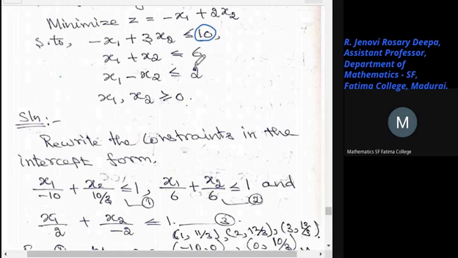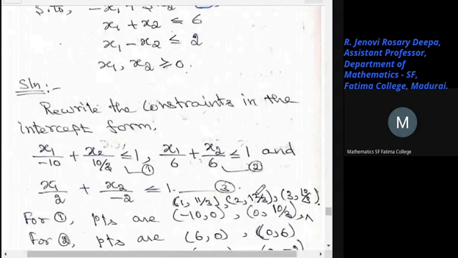Similarly, in the second one, this 6 you can bring to the left hand side. So you have x1 divided by 6 plus x2 divided by 6 less than or equal to 1. And in the third constraint, this 2 you can bring to the left hand side. So you have x1 divided by 2 plus x2 divided by minus 2 less than or equal to 1.